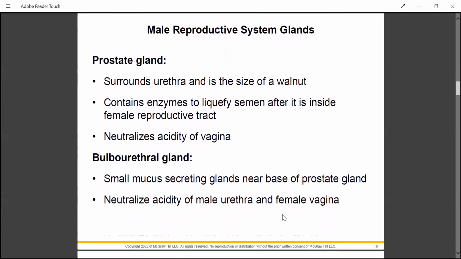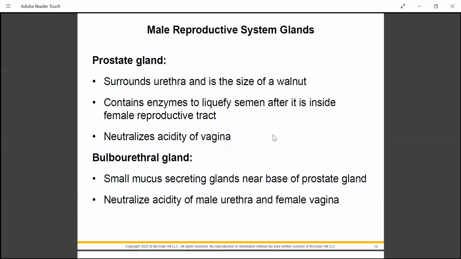So there's some other glands that contribute secretions to semen. So semen's not just sperm. We have a few glands that contribute secretions. The prostate gland is one of those. It contains enzymes that help liquefy the semen and also neutralize the acidity of the vagina.